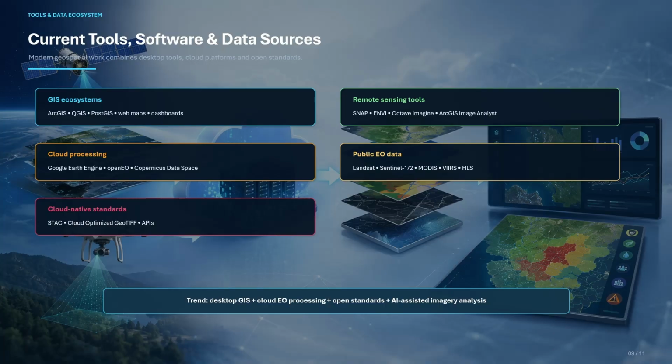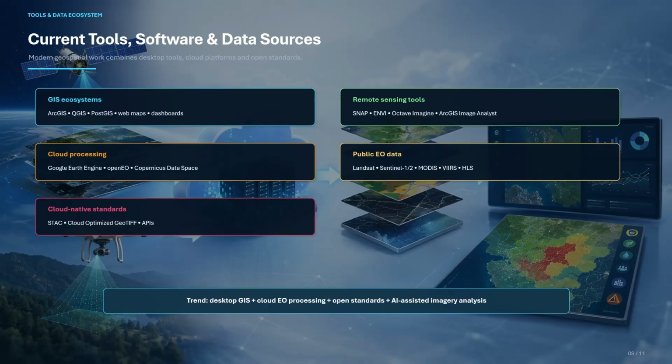Traditional GIS tools include ArcGIS and QGIS, but modern projects also use spatial databases, WebGIS, cloud services, and APIs. Remote sensing tools include SNAP for Sentinel data, ENVI, ArcGIS Image Analyst, Google Earth Engine, and openEO.